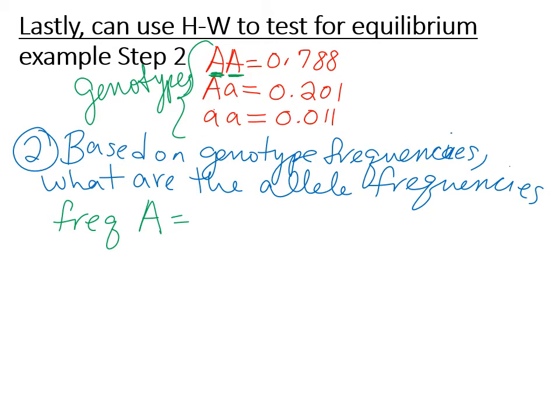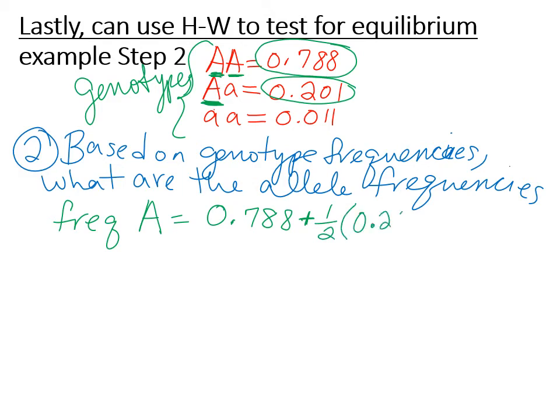So the frequency of capital A is this whole top number, this whole homozygous dominant frequency, plus, where else do we see it? The second number, but it's only half of that. Okay, our dominant allele only represents half of that genotype frequency because the other half is the recessive allele. So we say plus 1/2 of our heterozygous frequency. And that should give you 0.89 frequency of allele capital A.